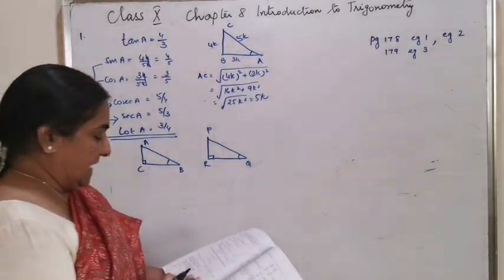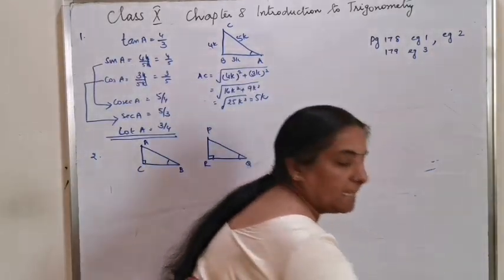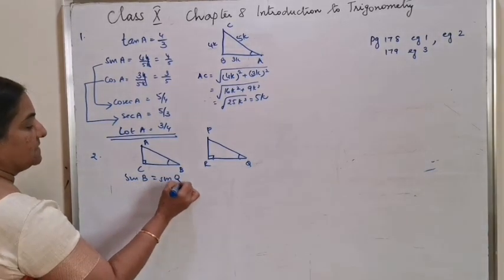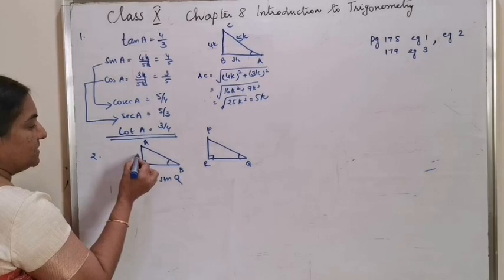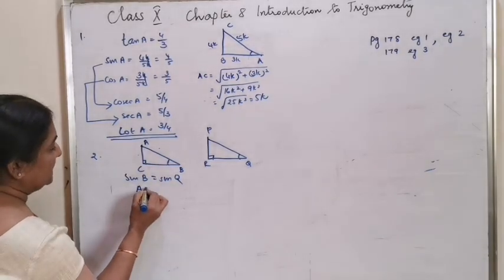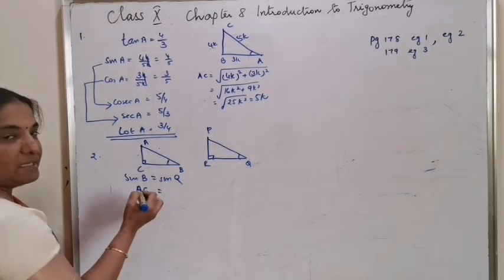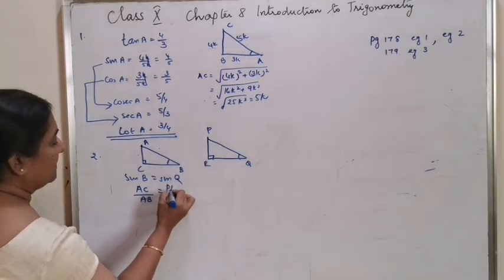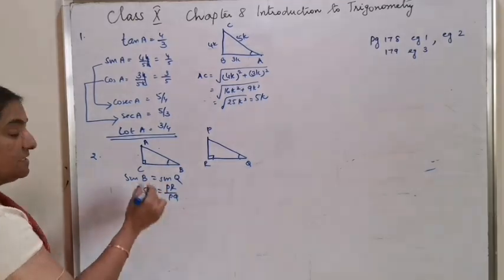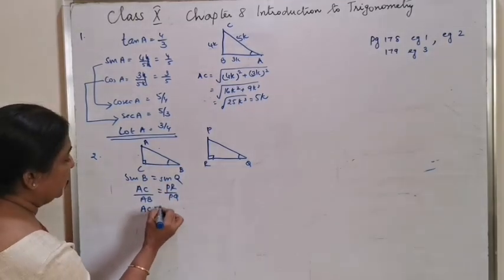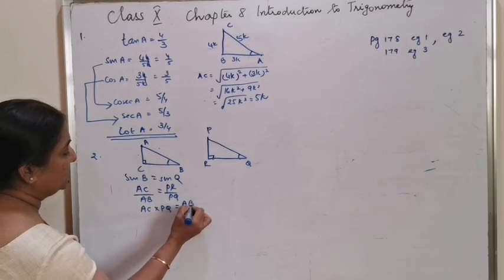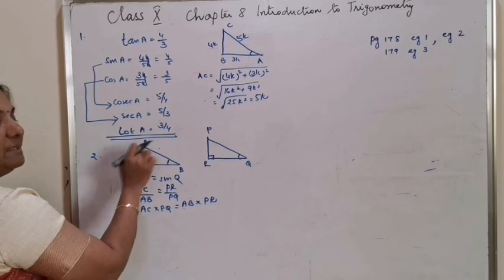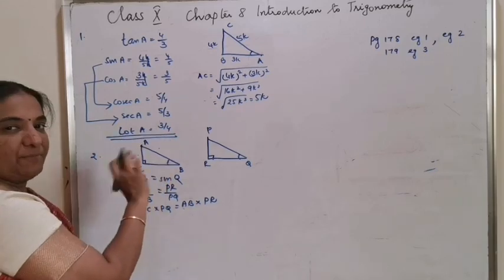So it's given that sin B is equal to sin Q. Sine ratio is opposite by hypotenuse. That means AC by AB is equal to sin Q, which is PR by PQ. The first step is to cross multiply: AC into PQ is equal to AB into PR, and arrange as proportions, like ratio of the sides from both the triangles.